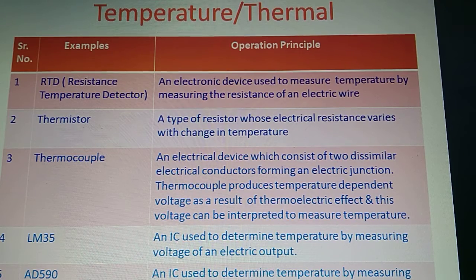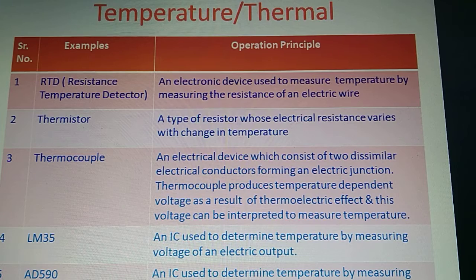Second example is a thermistor. An operating principle of this thermistor is, it's a type of resistor whose electrical resistance varies with change in temperature. Next is a thermocouple. Thermocouple is an electrical device which consists of two dissimilar electrical conductors forming an electric junction.